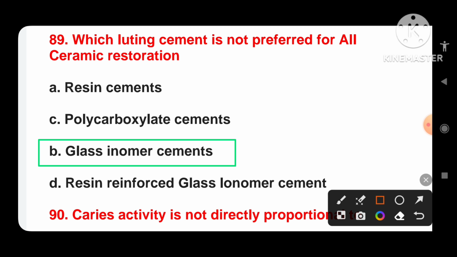Glass ionomer cement would not suit well for all ceramics for support from the cement. Therefore, resin based cement have become popular because they have the potential to address the disadvantage of the solubility, support and lack of adhesion.